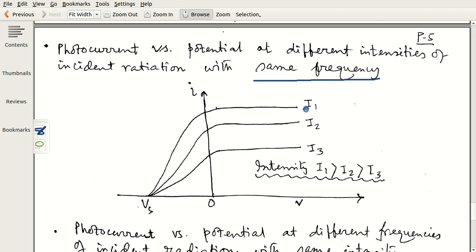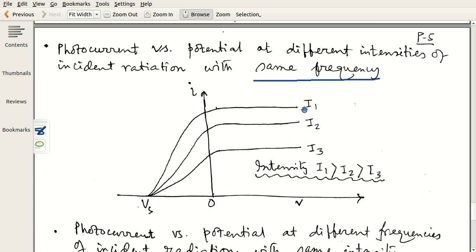So if you now want to stop the current, you will decrease the potential and take it to the negative direction, so that the current decreases, and at a certain point the amount of current is 0. This is the stopping potential from O to V. Here the battery is in reverse bias, just remember.